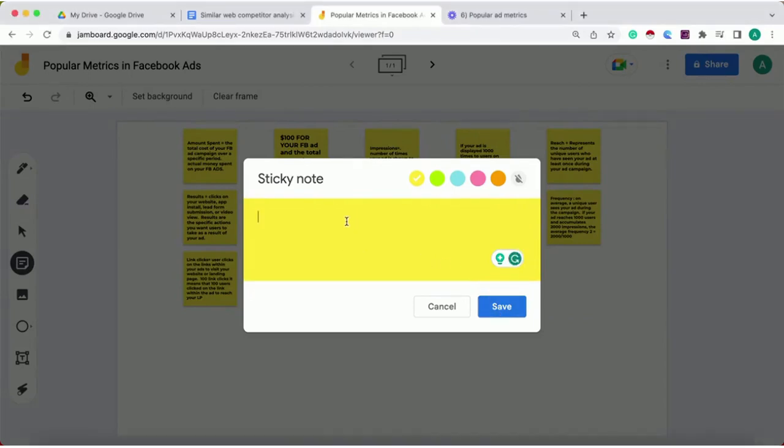For example, if your ad receives 1000 link clicks and there are 50,000 impressions, meaning 50,000 people actually saw your ad and 1000 people clicked on that link, the CTR would be 1000 divided by 50,000 multiplied by 100, which comes to 2%.